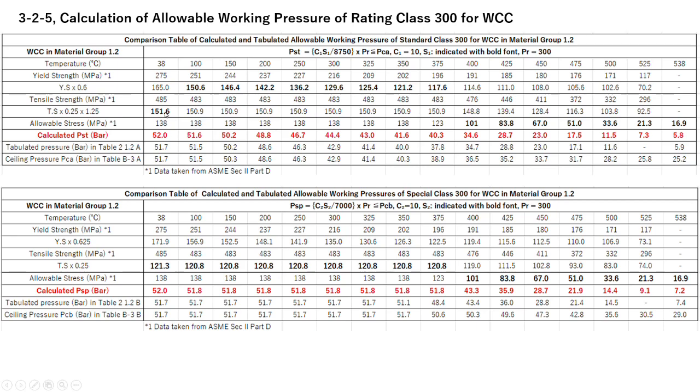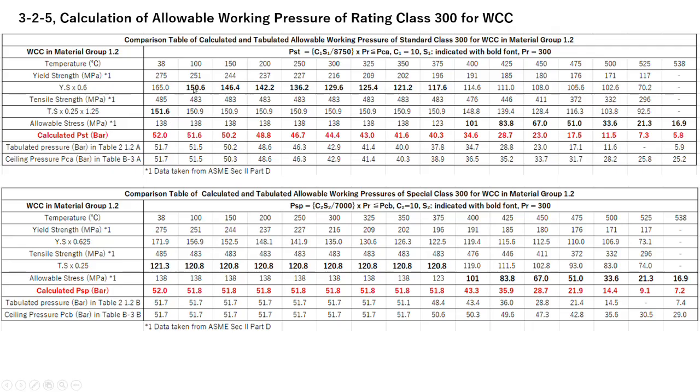So compare with the yield strength and the tensile strength, which one is lower value indicated. The ambient temperatures indicated tensile strength level 151.6. So this is assigned the S1 selected value.